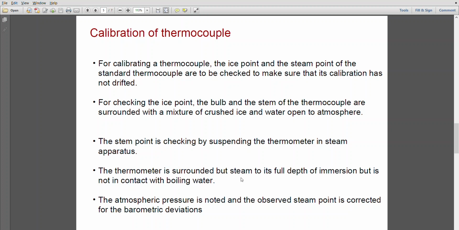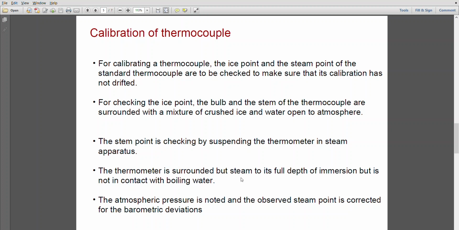It can be furnaces at 1200 degrees, hot stoves at 100 degrees, or 500 degrees, like the kitchen stoves available in hotels. So when the hot junction and cold junction are held at 2 different temperatures, they produce a thermo EMF, and the EMF produced is directly proportional to the measured temperature.